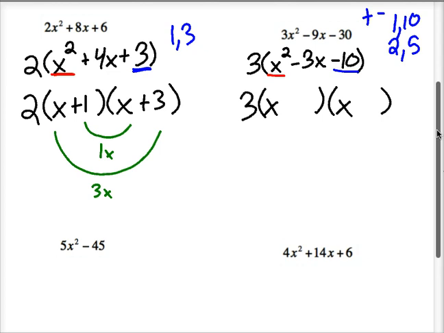Well, if I have a +2 and a -5, let's look at what happens. I have a 2x, I have a -5x, and that does in fact leave me with a -3x. So once again, I'm finished with this problem. I am completely done.